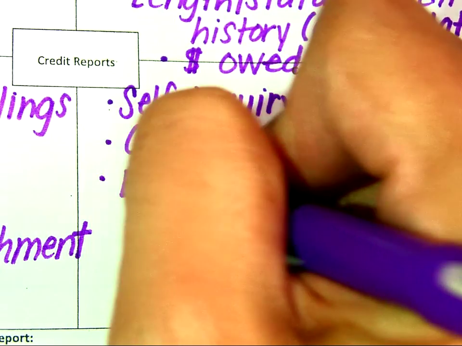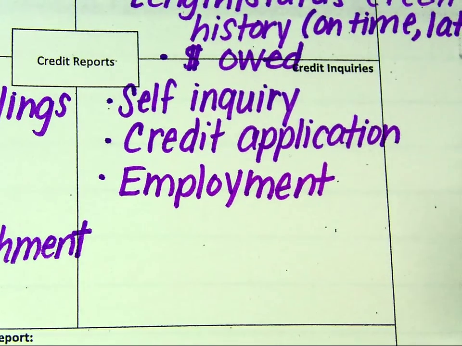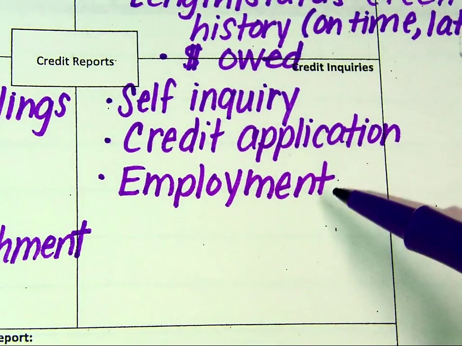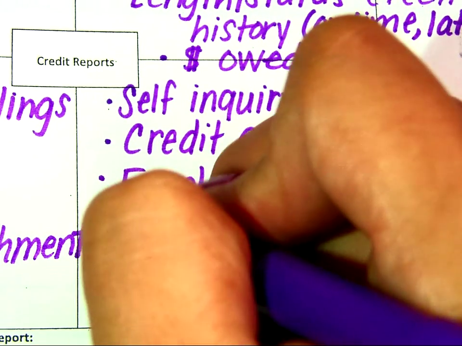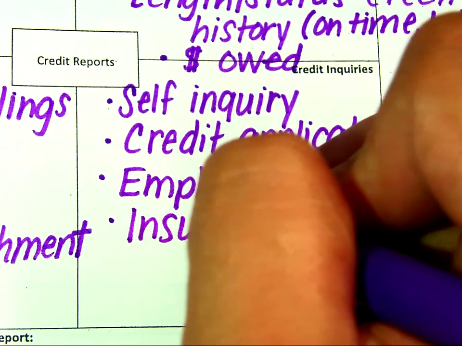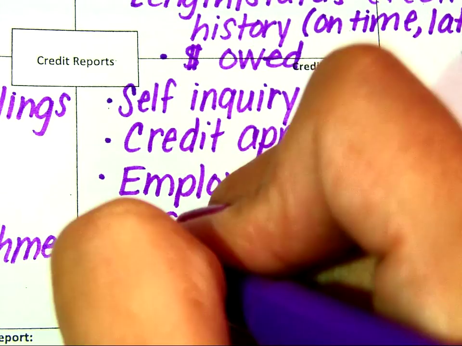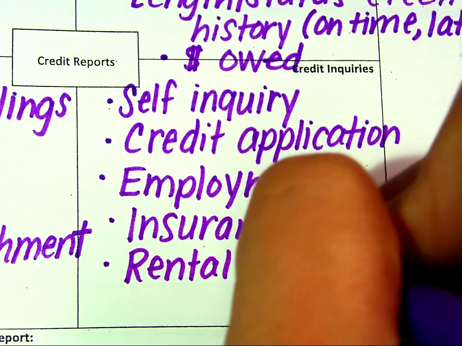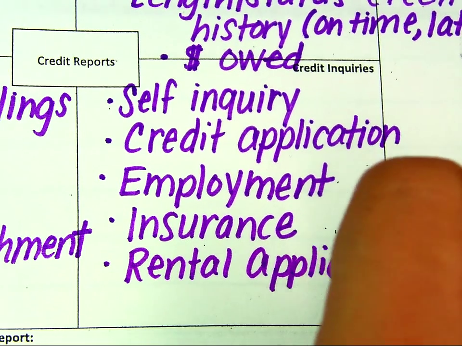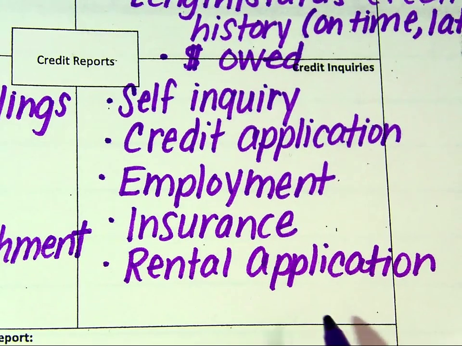When you apply for employment, so when you apply for a job, they can run your credit history as well. When you apply for insurance, if you do a rental application, so if you're applying to rent a house, they will check your credit.